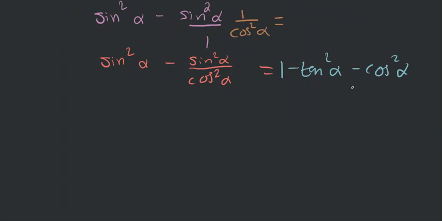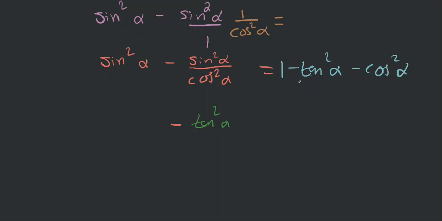Alright, we're trying to make this side look like that side. We're not far. Notice, what is this? This is sine squared alpha over cos squared alpha. That's tan squared alpha. So I have a minus tan squared alpha right here, and I have a minus tan squared alpha there. That's kind of nice.